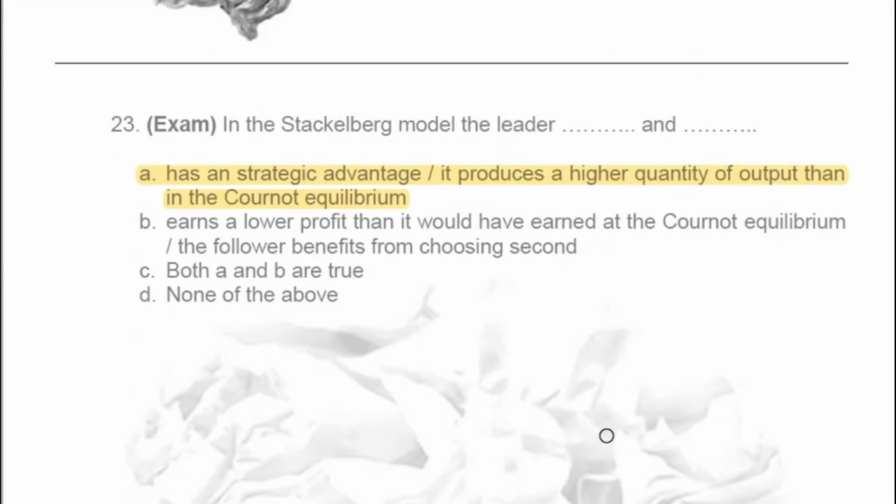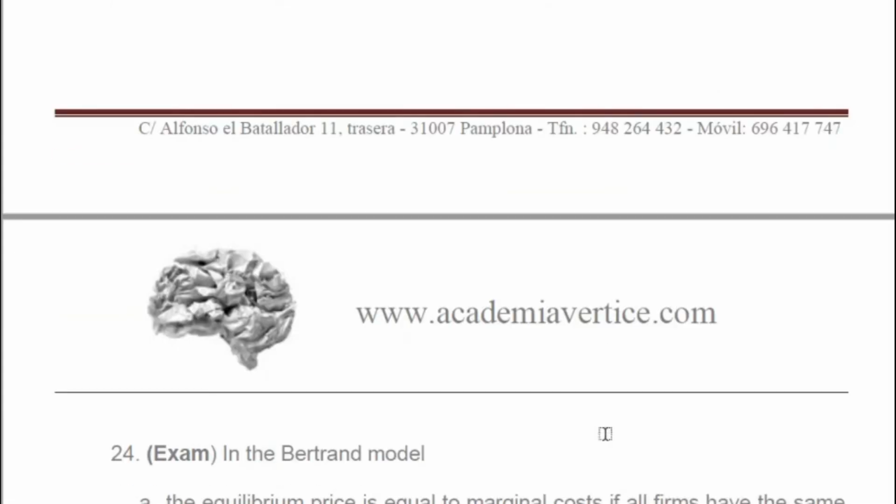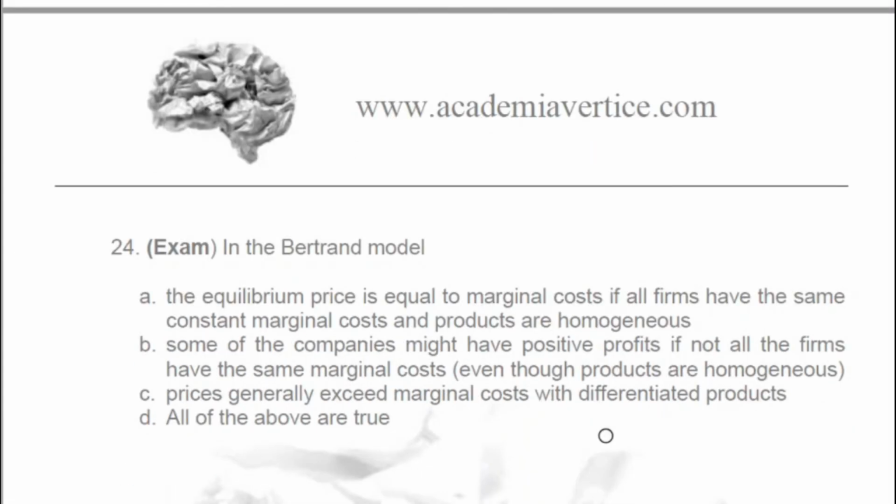Another very easy question. Now, another exam question. In the Bertrand model, the equilibrium price is equal to marginal cost if all firms have the same constant marginal cost and products are homogeneous. Okay, this is true. We have played Bertrand in class, and I think I put some examples of Bertrand with this hypothesis of equal constant marginal cost.